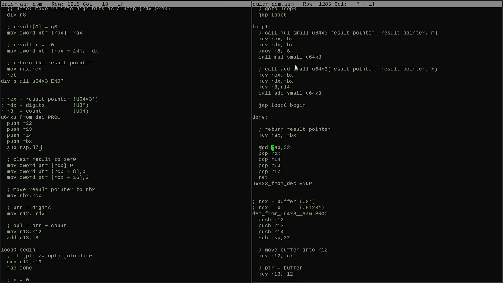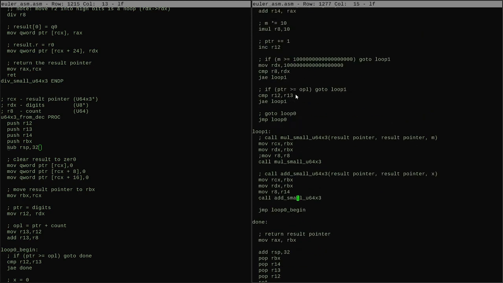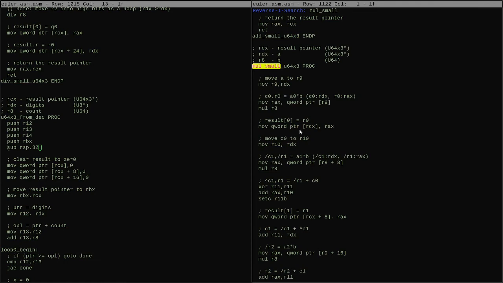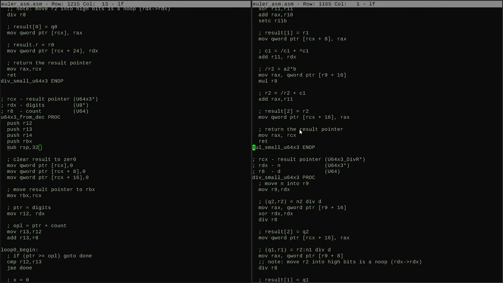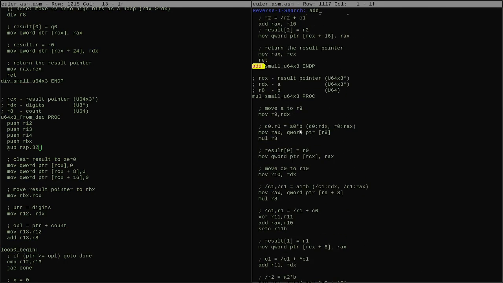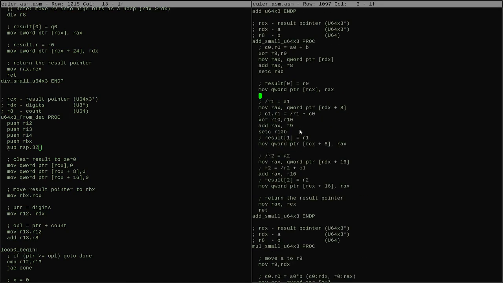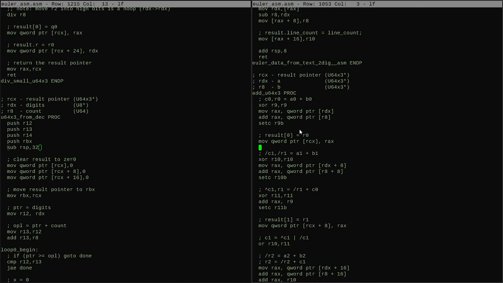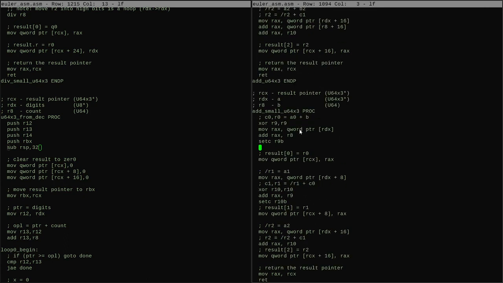So that gives us our shadow space for the multiply and add functions. Mol small. Yeah, all of these managed to work without having to do anything on the stack. They all fit inside of volatile registers, which is cool.